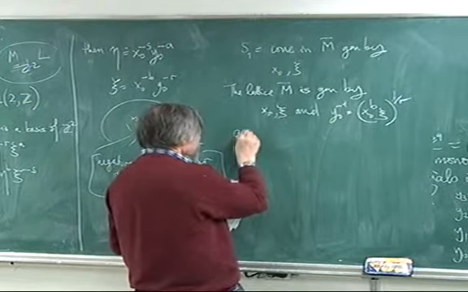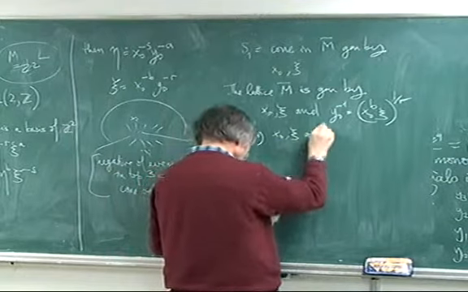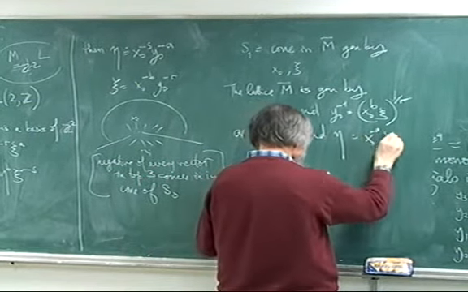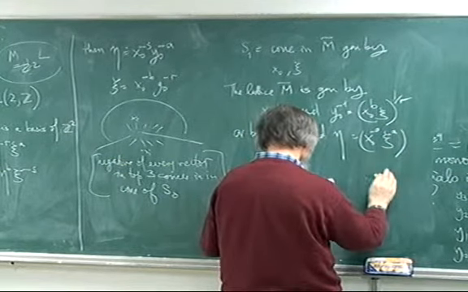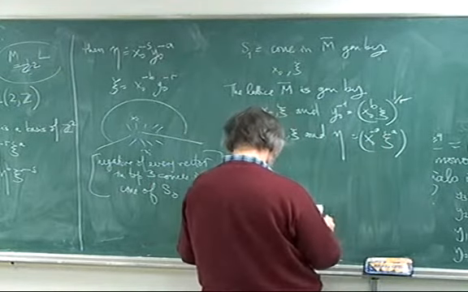Or by x naught, psi and eta, which is x naught to the minus a, psi to the a. Sorry. Y naught to the minus. I'm sorry, have I got this?